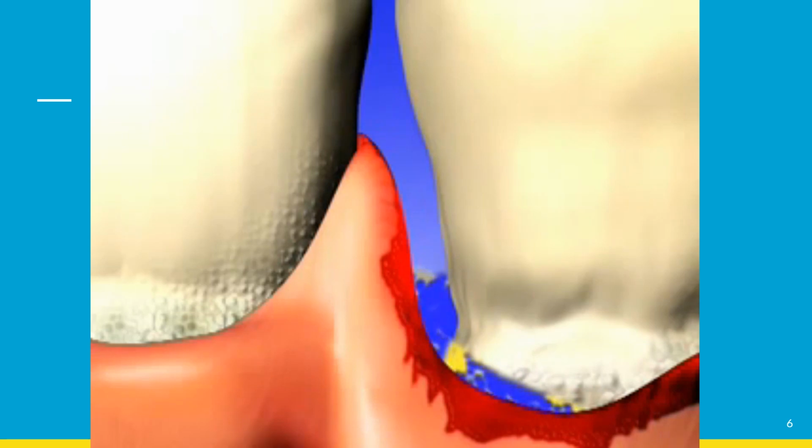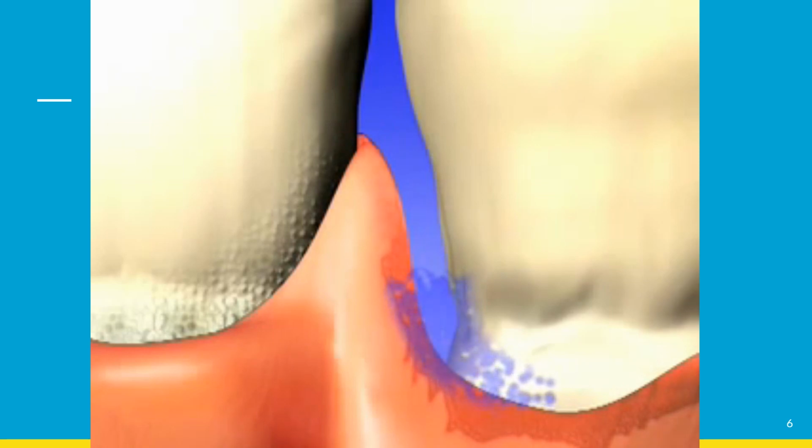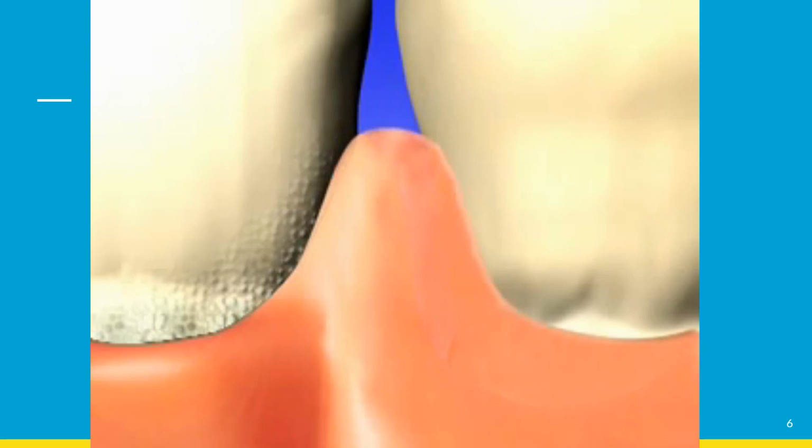The active drug diffuses out of the microspheres into the surrounding tissue, where it begins to eliminate the periodontal pathogens. The microspheres are then harmlessly absorbed into the gum tissue. Through this process, Arestin is able to maintain therapeutic drug concentrations of the active antibiotic minocycline for up to 21 days, continually eradicating periodontal bacteria.